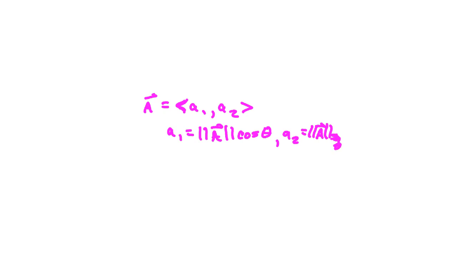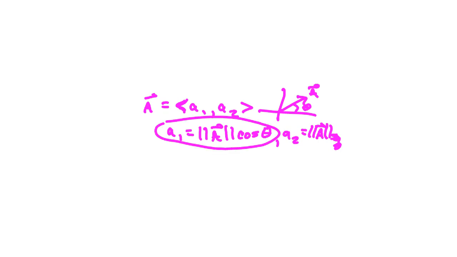Where theta is the angle away. So here's A vector right here, and this is my theta. Okay, so we had this from before as well, right?